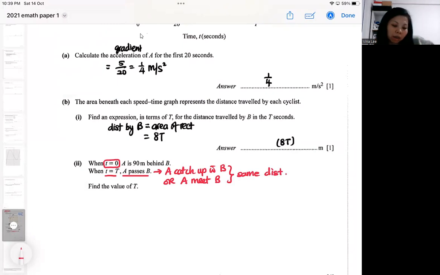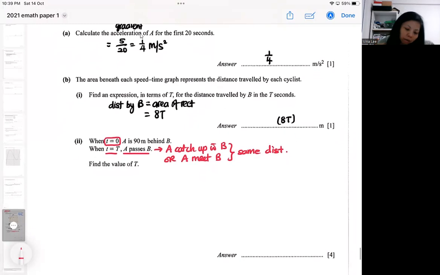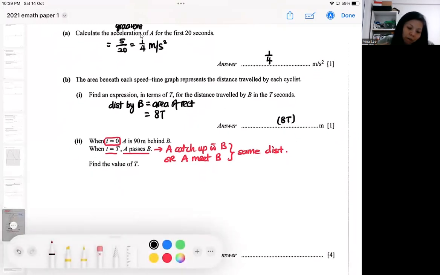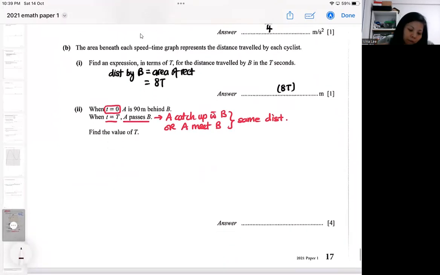Okay, so I'm going to illustrate this idea first. First of all, you will need to understand about the 90 meter behind B. For example, I'm just going to draw, you can think about a running track. Maybe A is 90 meter behind B. Very simple. You can just think about a person. This is person A, and then person A is behind B. So that means it's 90 meter behind.